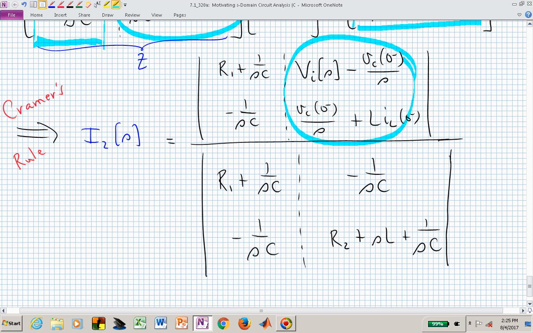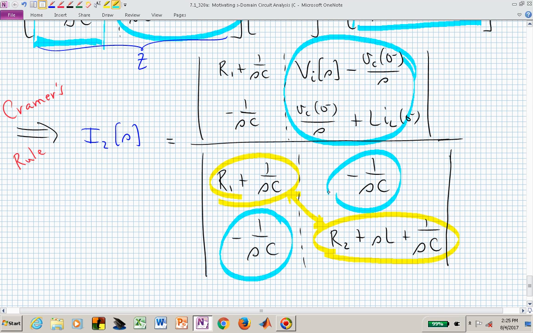We just write that down and find its determinant. This would give us I sub 2 of S once we compute the determinants, which in this case are 2 by 2. You would have the product of the diagonals minus the product of the off-diagonal terms. That is how you compute the denominator, and the numerator is computed in the same way. This is a way to immediately go into the S domain and solve with algebra. We didn't have to do any differential equations.